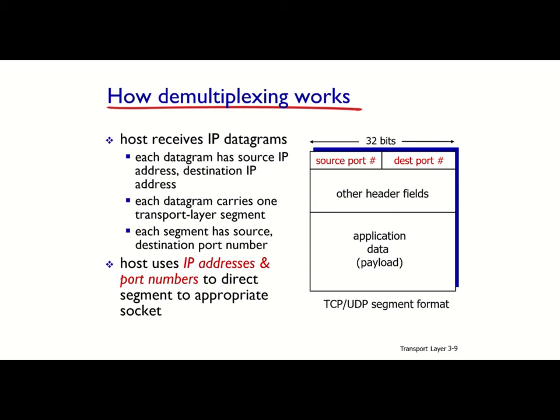So different hosts use the IP addresses and port numbers to direct segments to appropriate sockets. IP addresses are used to address different hosts, but port numbers are used to address different sockets and different processes in a single host.